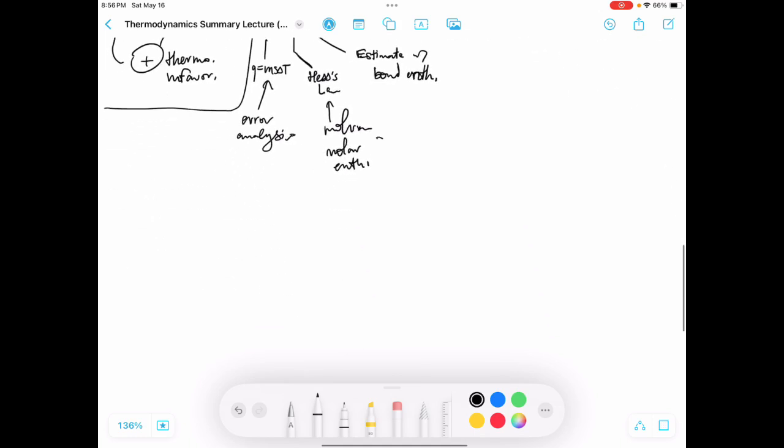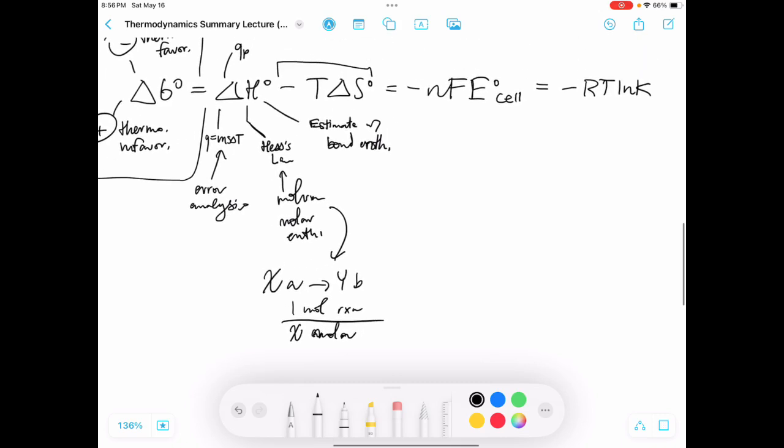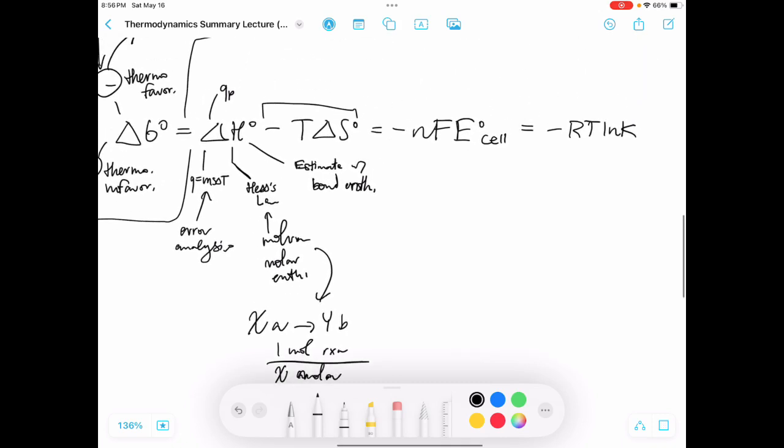If you're unfamiliar with mole of reaction, for the generic reaction, X moles of A goes to Y moles of B, X moles of A is 1 mole of reaction. And the same goes with Y moles of B is 1 mole of reaction. So that's essentially a way of getting the molar enthalpy with delta H naught.